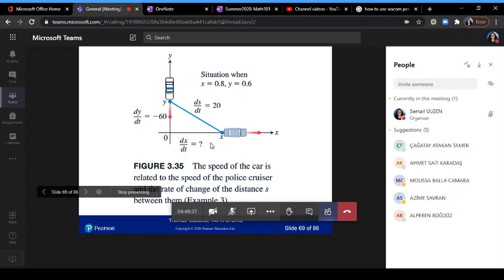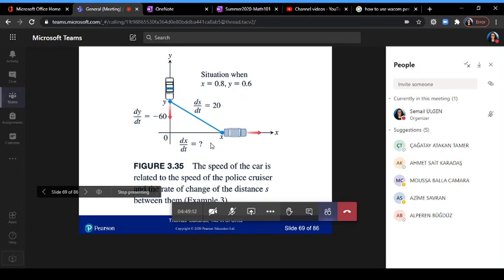There's another problem. This is example 3 in our book. Let's say there's a car that's traveling. x is the location of the car, and y is the location of the police car.